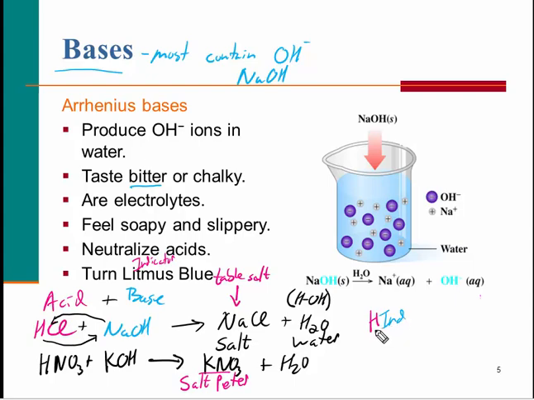This isn't HIND, this is H indicator. And what these will do, we won't get into the details on how this happens. I'm going to have to draw equilibrium arrows here as well because this reaction can go back and forth. What can happen is the hydrogen ion can come off because it's an acid, and then you have the indicator.